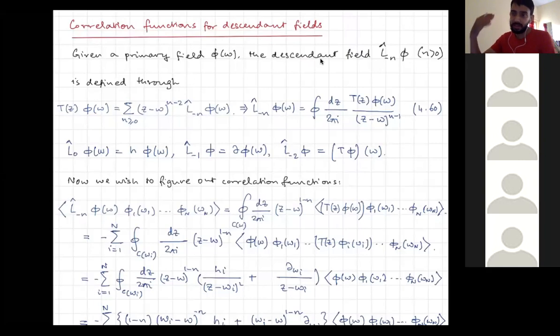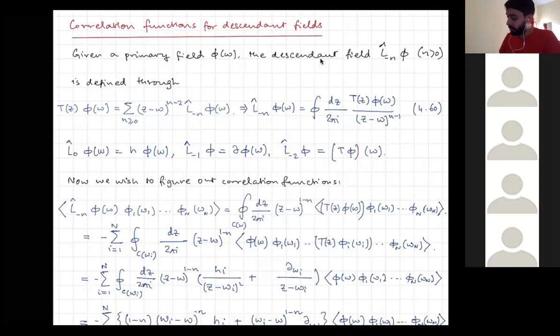So any correlation function of fields involving primaries and descendants, or just only descendants, can be understood in terms of correlation functions of primary fields itself.